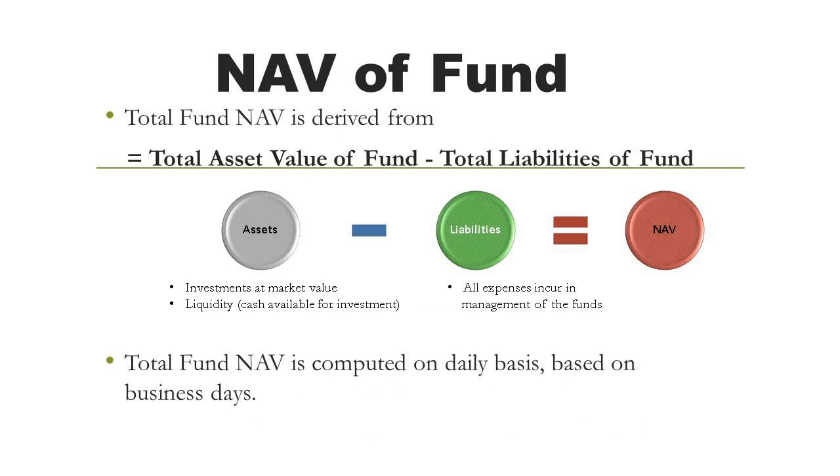The NAV per unit, how they define it: the assets minus all the liabilities equals your net asset value. So the assets mean what? All the shares, all the bonds, all the money market, money in the bank, everything, that is your total assets. Then they have the expenses, right?